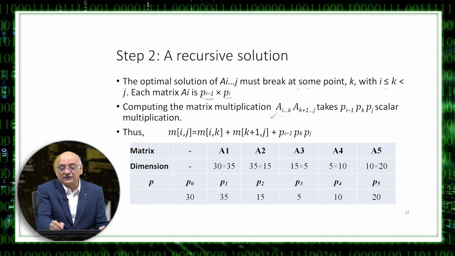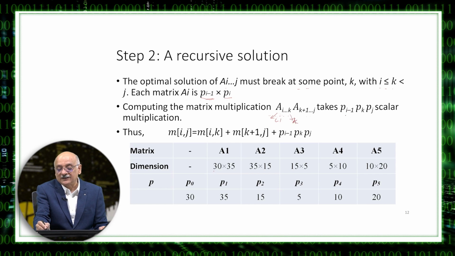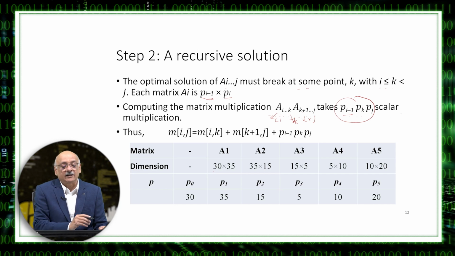The dimension here is p(i-1) into p(k), and the final dimension is k into j, so it is p(i-1) into p(k) into p(j) scalar multiplications.